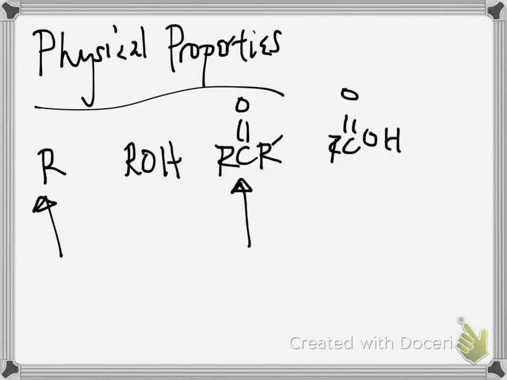The reason being is they cannot fully reciprocate a hydrogen bonding, so they only have dipole-dipole interactions. Second highest would be the alcohol, because the alcohol can do hydrogen bonding. And finally, the carboxylic acid, all things considered, would have the highest boiling point.